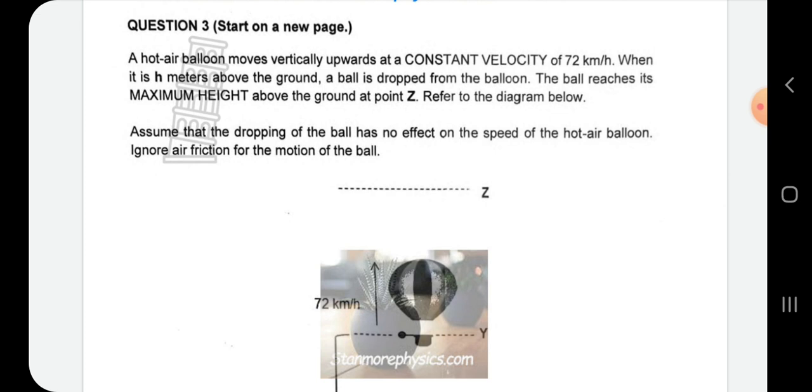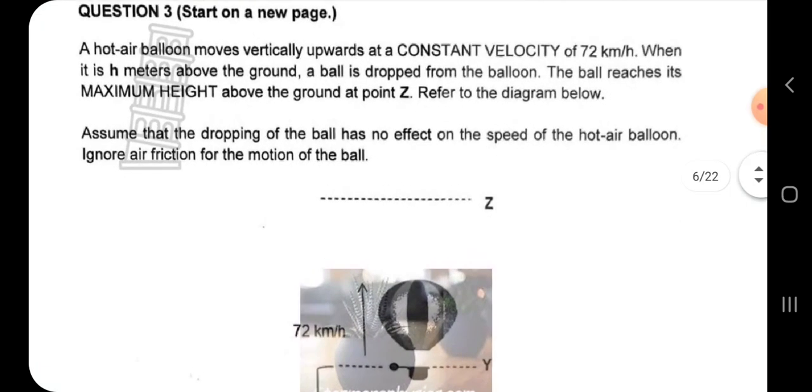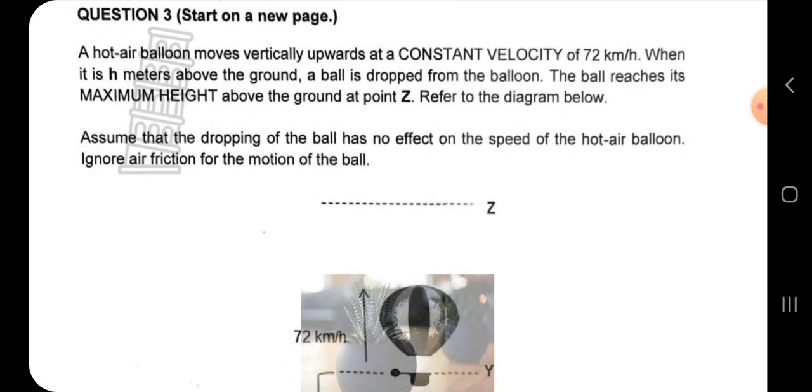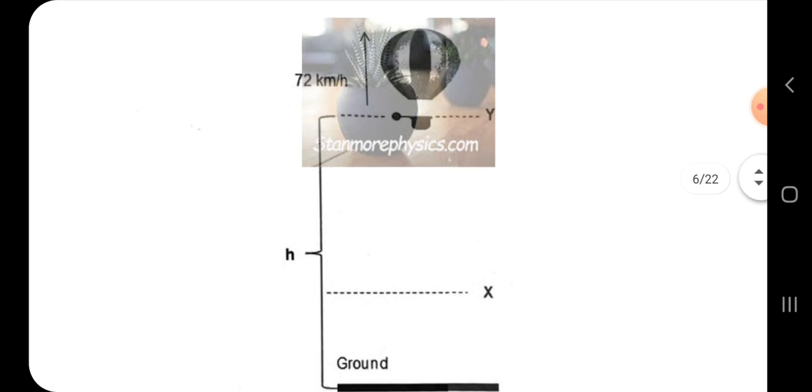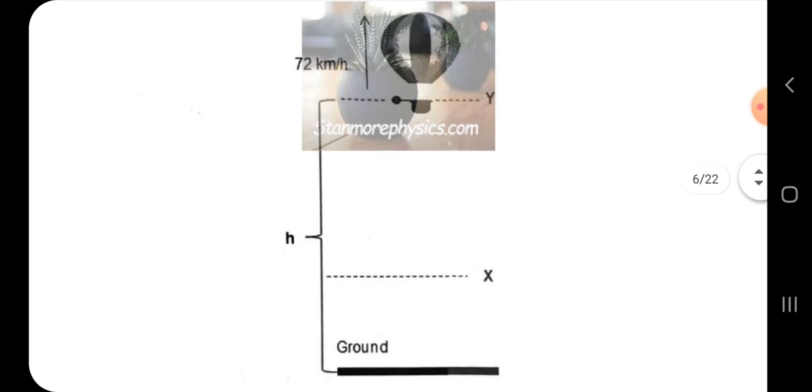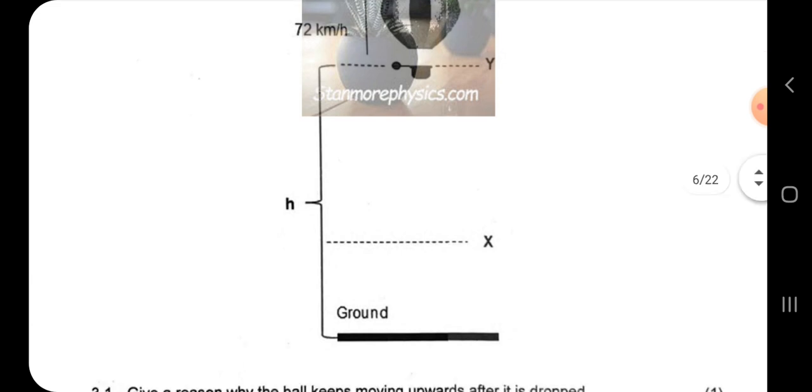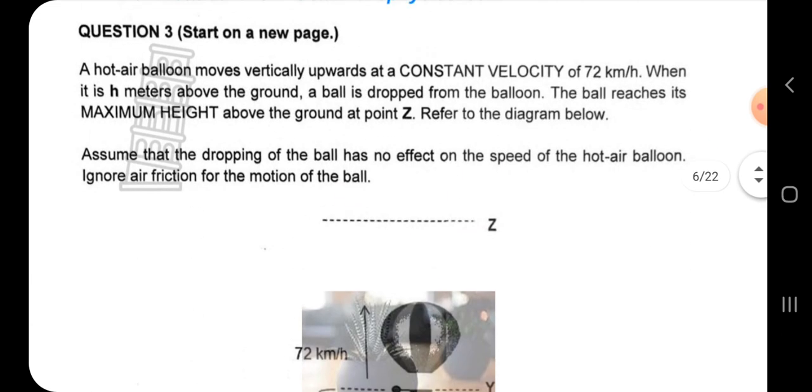Now let's start. A hot air balloon moves vertically upwards at a constant velocity of 72 kilometers per hour. When it is h meters above the ground, there is the hot air balloon up there, h meters above the ground, and there we have the ground.